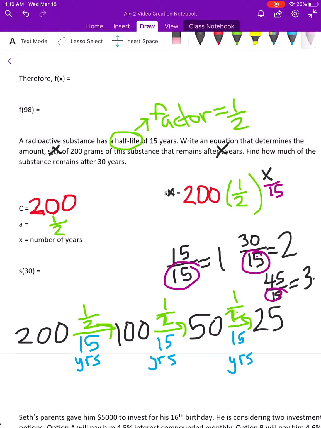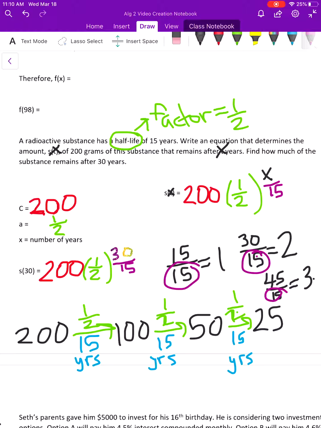And now if we want to find how much of this substance remains after 30 years, wherever we see the x, we're just going to put a 30 instead. So we're going to put a 30 here and divide it by 15. And what's nice about this is that we already know the answer.